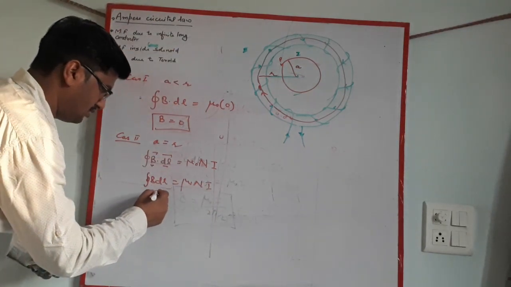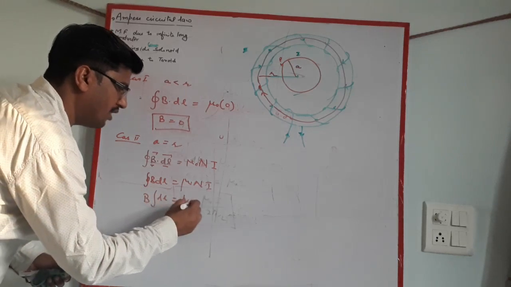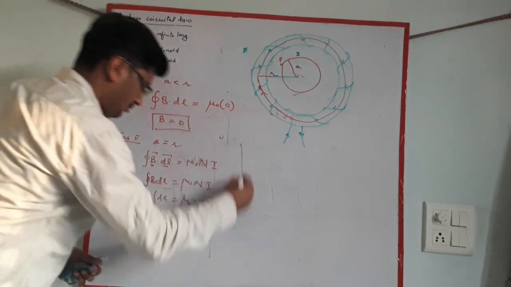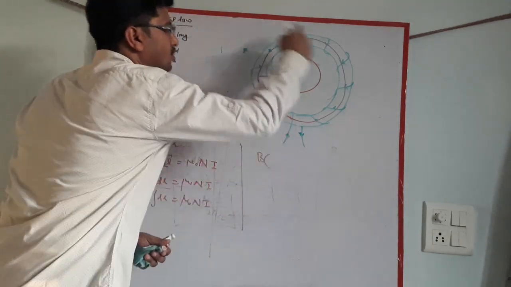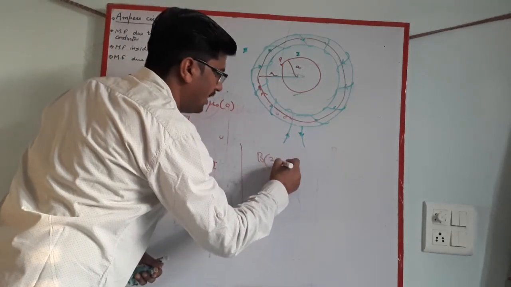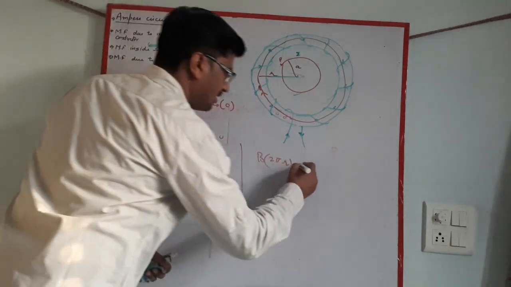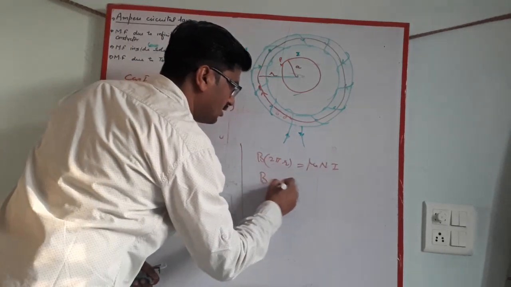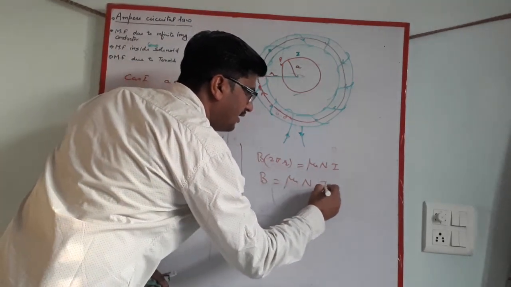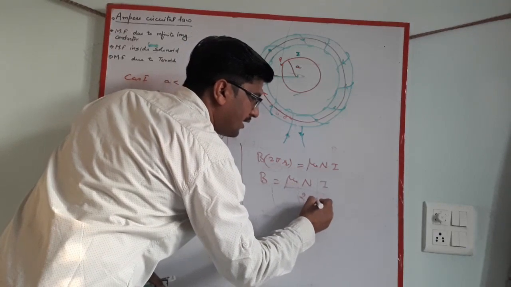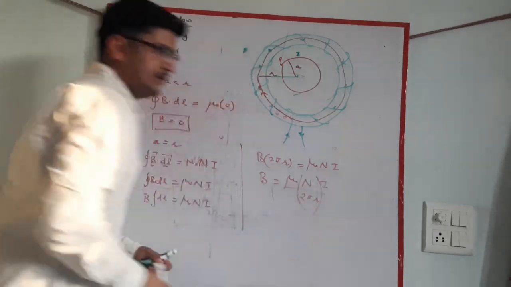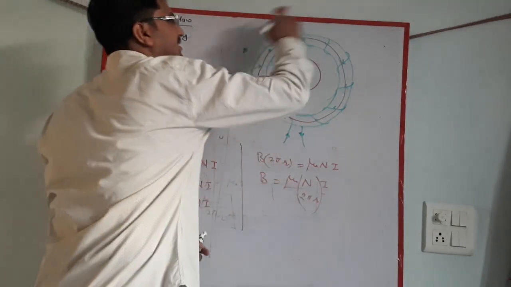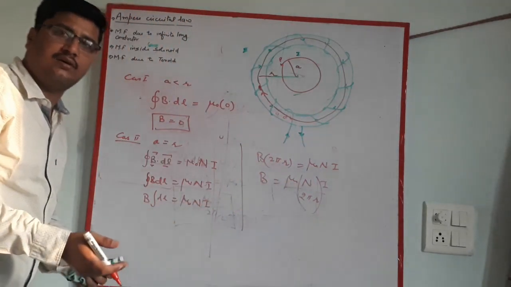So B times the integral of dl, which is 2 pi r, is equal to mu naught nI. B is equal to mu naught nI by 2 pi r. This n upon 2 pi r is the total number of turns in 2 pi r length.